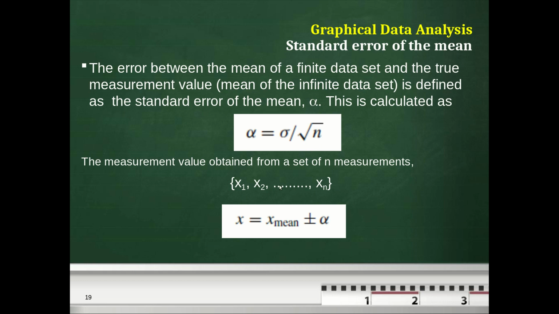Then you take the value of x as x mean plus or minus alpha. This is the mean and this is the error in the mean. This happens when the finite data set and the true data set differ from each other.